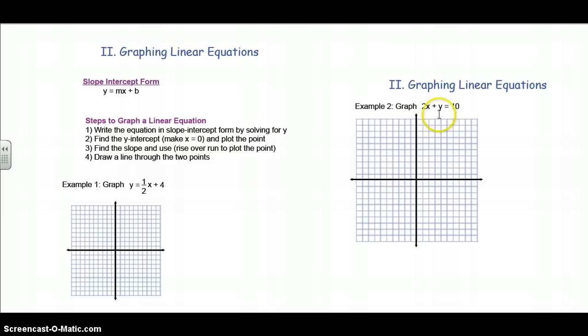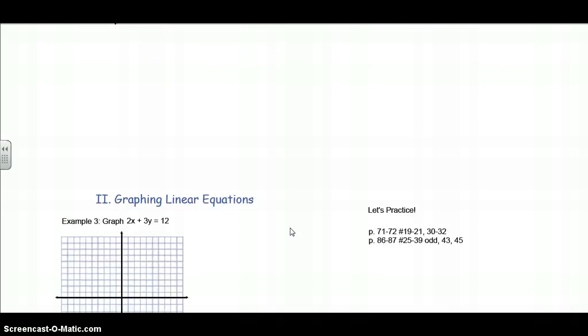So when we find the y-intercept, make x 0, it means y equals 10. So when x is 0, y equals 10 up here. And then we find the slope. It's negative 2. So the rise is go down 2 and run across 1.